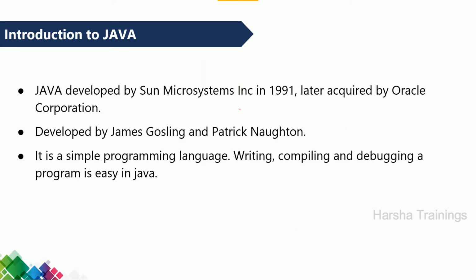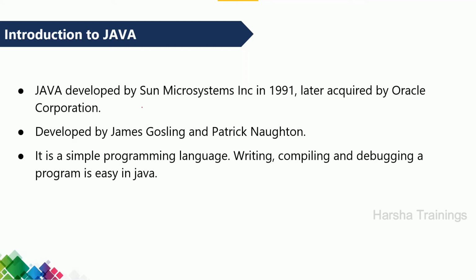Now move back to our Java concepts. The very basic things are completed. From right now onwards we are moving into Java. The first step is who developed Java and where it was developed.